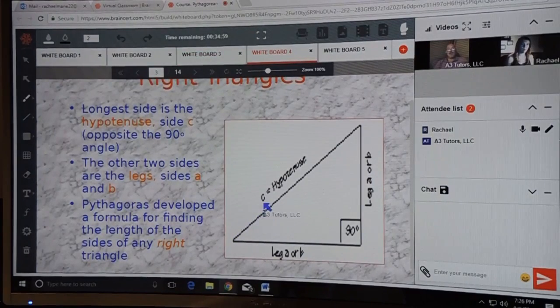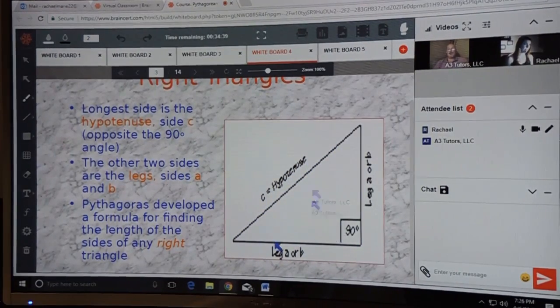Okay? So again, what's the terminology? This type of triangle is called a what type of triangle? It's a right angle triangle. Yes, right angle triangle, or right triangle, good. What is this? This is a hypotenuse. Good.